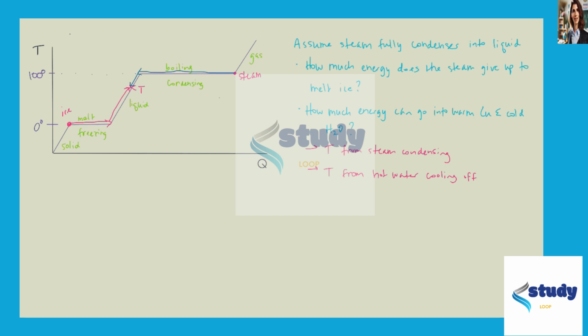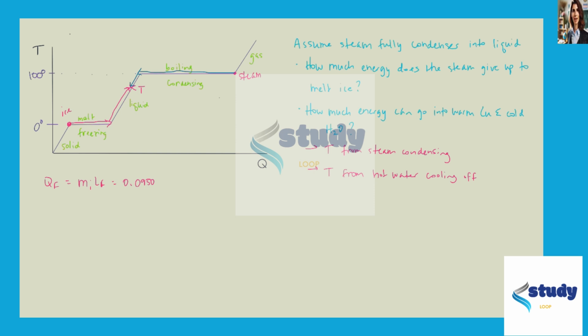Again, our graph only handles mixing the steam and the water. So how much energy do we need to melt that ice? We can find the heat for that with the mass of the ice times the latent heat of fusion, or you might also think of it as the energy for melting.